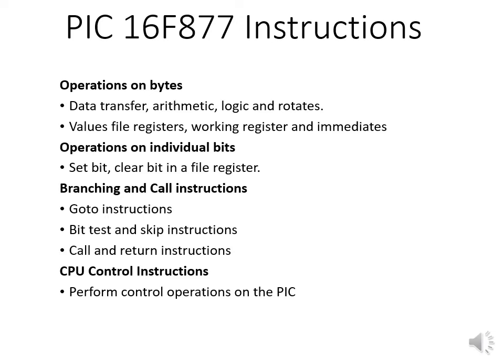This instruction, depending on the results of this test, that is, depending on whether a bit is set or a bit is cleared, according to the instruction, causes the next instruction to be skipped or not. So if the next instruction is skipped, it means execution will go to the instruction that follows the next instruction in the program. Then under that group, we also have the call and return instructions.